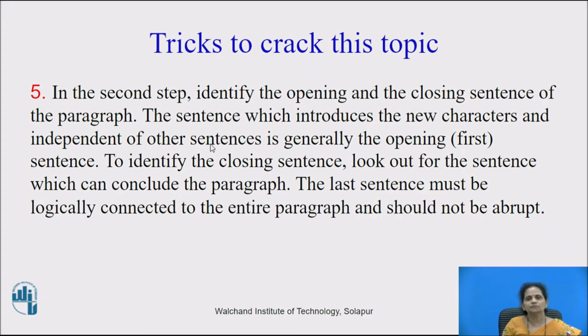The sentence which introduces new characters and is independent of other sentences is generally the opening sentence. To identify the closing sentence, look out for the sentence which can conclude the paragraph. The last sentence must be logically connected to the entire paragraph and should not be abrupt.